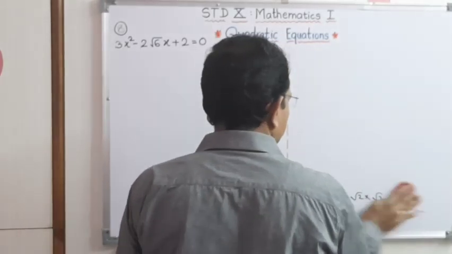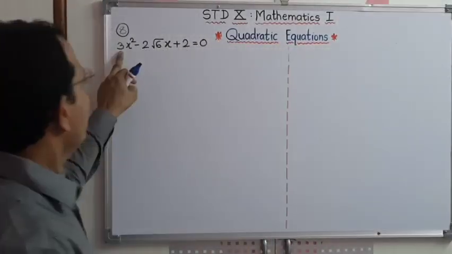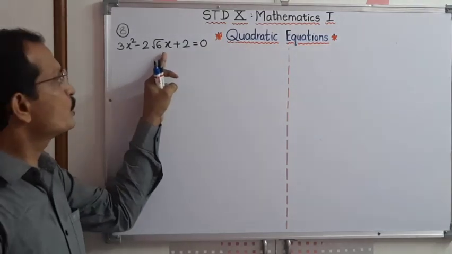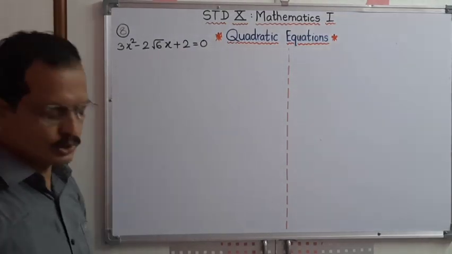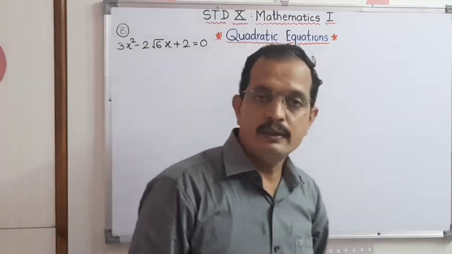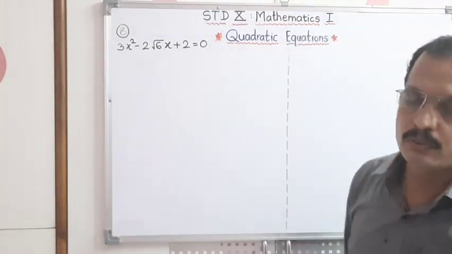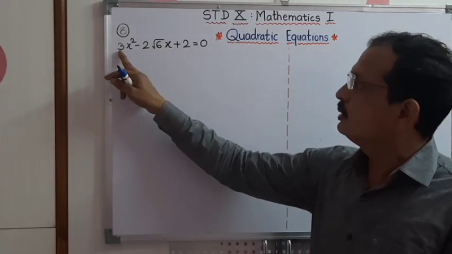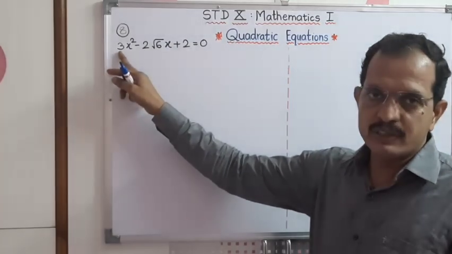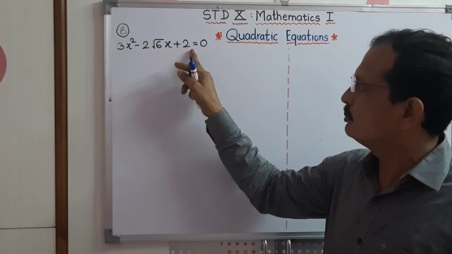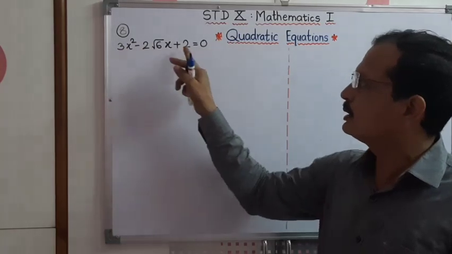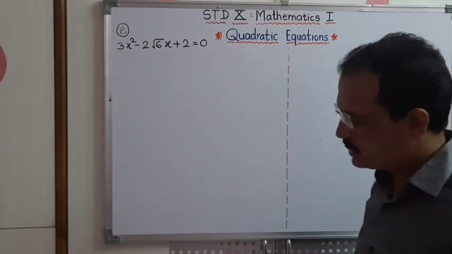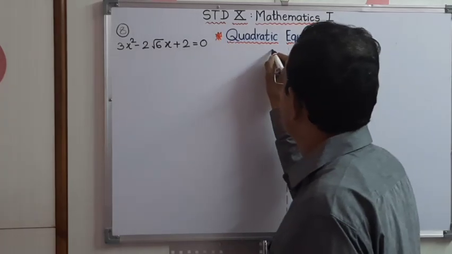Here it is 3x square minus 2 root 6 x plus 2 equal to 0. First of all, it is a quadratic equation which is in standard form. Then see the coefficient of the quadratic term, it is 3 and the constant term is 2. Now here 3 into 2, it is 6.